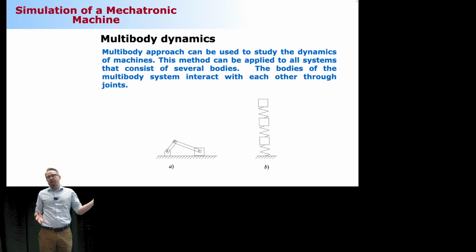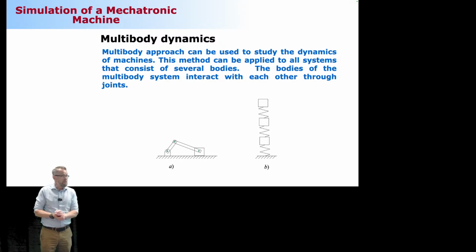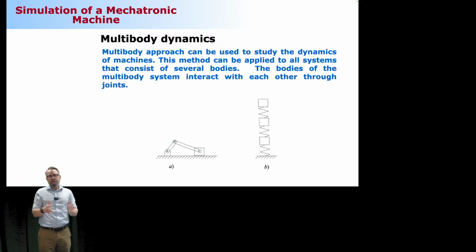Of course, you can use it with one body only, but it becomes a very powerful tool if you have more than one body. By definition, a multi-body system is a system where the bodies are connected together via mathematical constraints. In real life, there is no such thing as mathematical constraints; they are called joints. Joints limit the motion possibilities of neighboring bodies. That's a multi-body system.